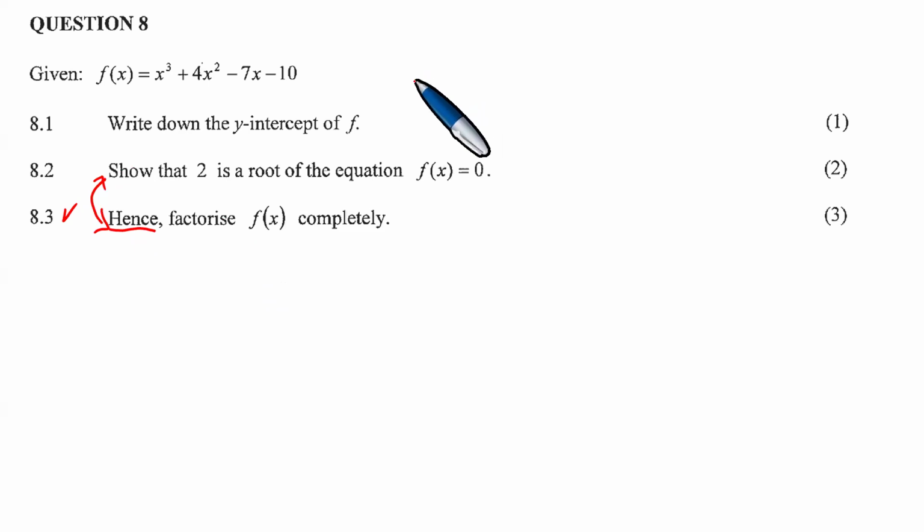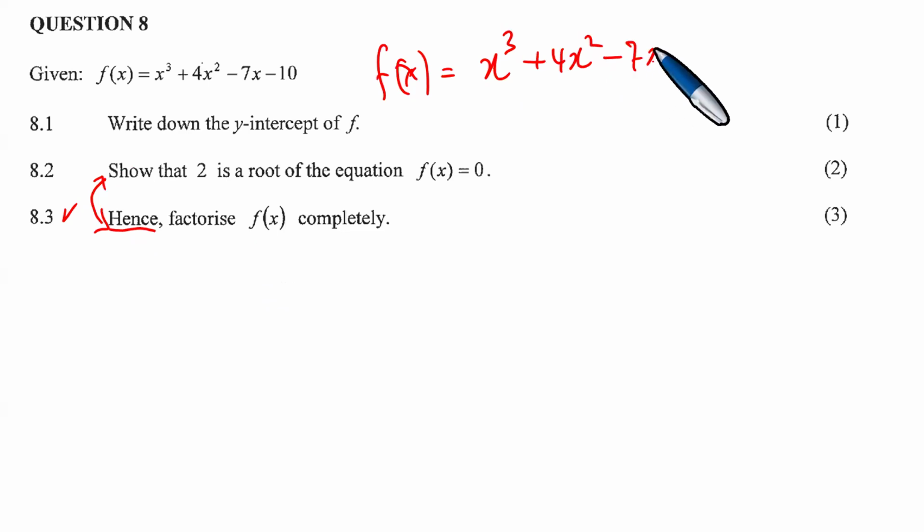Okay, given the cubic function, f of x equals x cubed plus 4x squared minus 7x minus 10. What do we do here? We want to factorize f of x completely. Now, with the examiner at hand, we must use the fact that x equals 2 is the root.